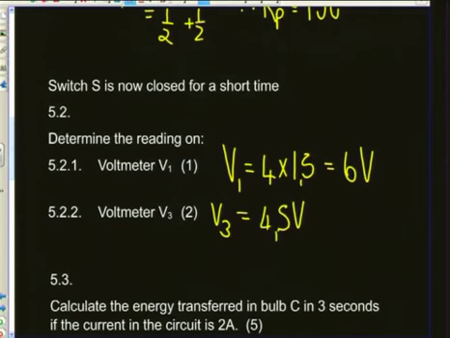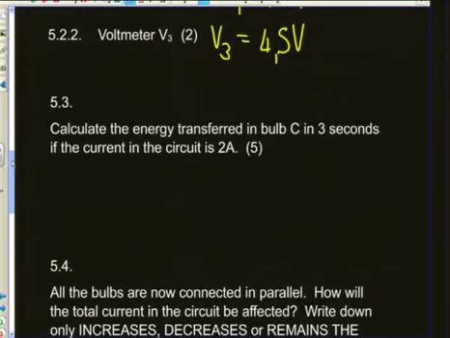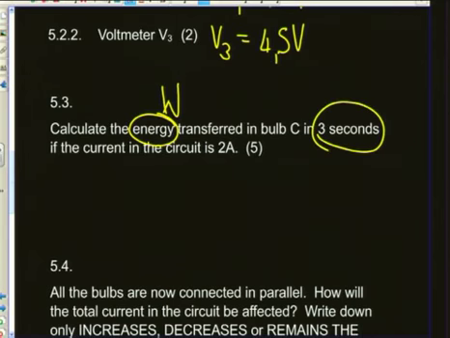A bit of a horrible mark allocation, but that's okay. Calculate energy transferred, W, in the light bulb in 3 seconds if the current in the circuit is 2 amps.